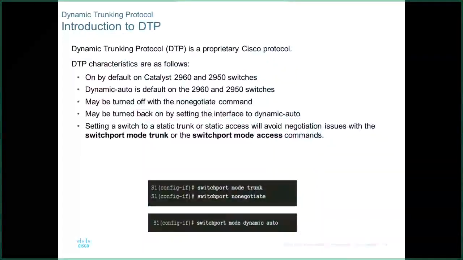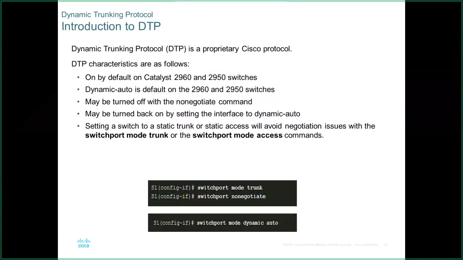All right, Dynamic Trunking Protocol. This is the last bit of info for this morning. This is a prior Cisco protocol used in its Cadillac switches to manage the trunks, and it can be turned off if you need it to.